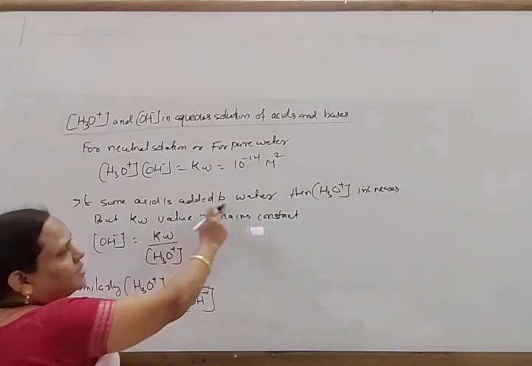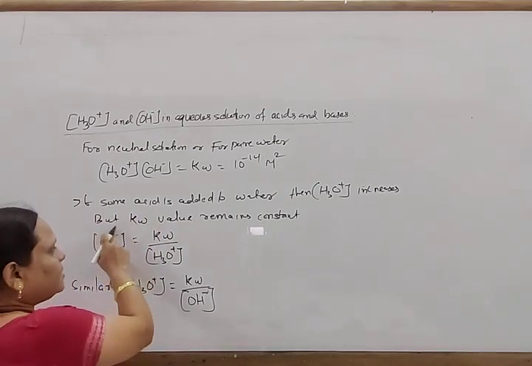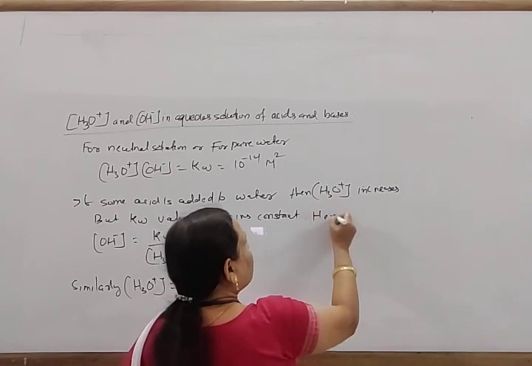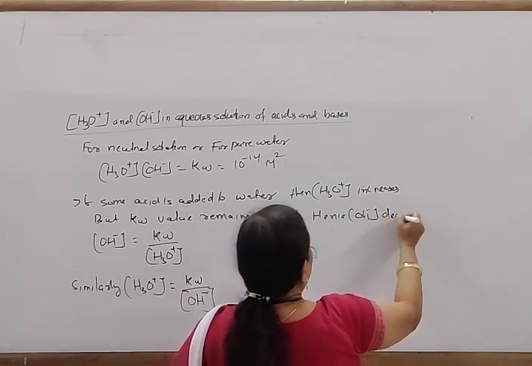So if some acid is added to water, then the H3O+ ion concentration increases, but the Kw value remains constant. Hence, the OH- concentration decreases.